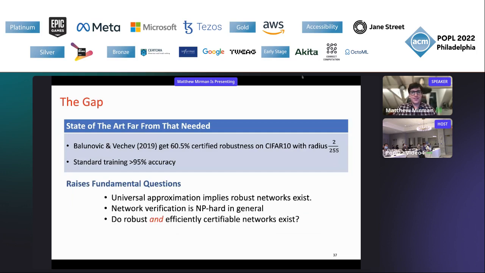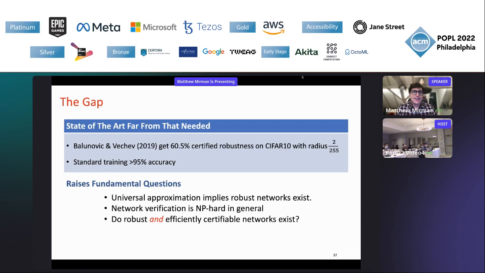So this raises some fundamental questions. In particular, we have universal approximation for standard neural networks, which means that given any function and any approximation tolerance, we're able to theoretically construct a neural network that approximates that function.